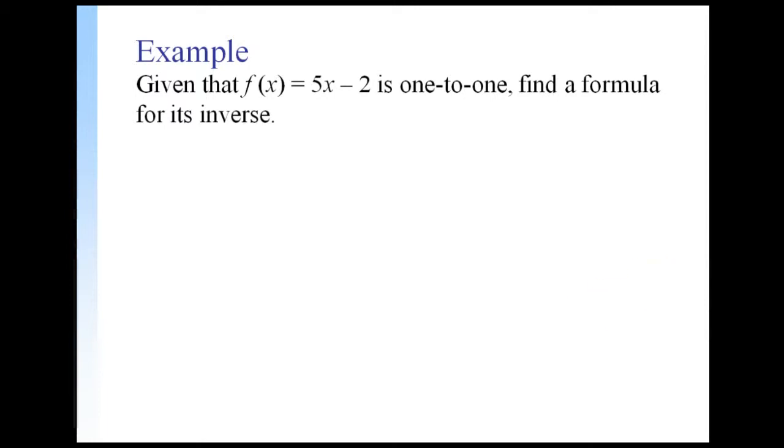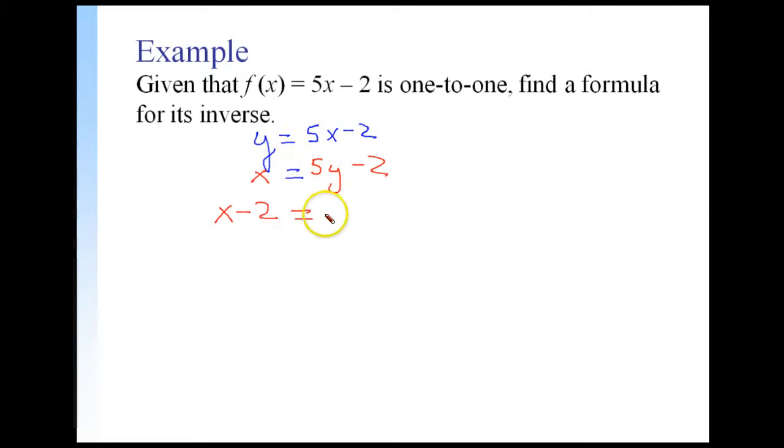Okay, let's do this one. Now it is written out, but I like doing it a little bit. We're going to replace this with a y. We're going to reverse the x and y. Put the x there. Put the y there. Solve for y now.